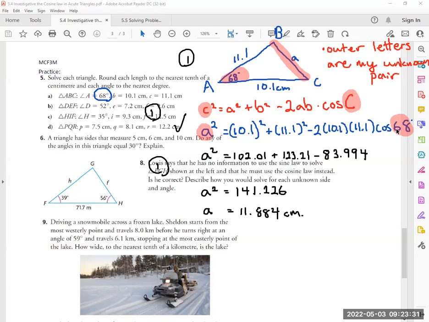Yes? For a squared, I got 151.26. I'll try again. But if I get this here, then I'm going to ask you to try again too. Minus 2 times 0.1 times cosine 68.